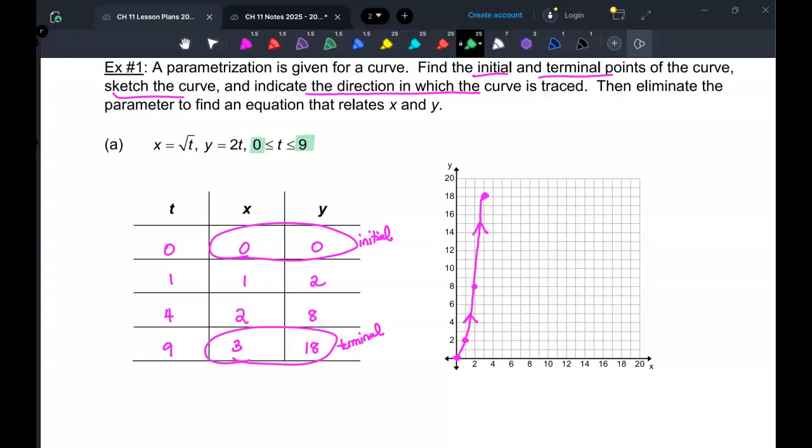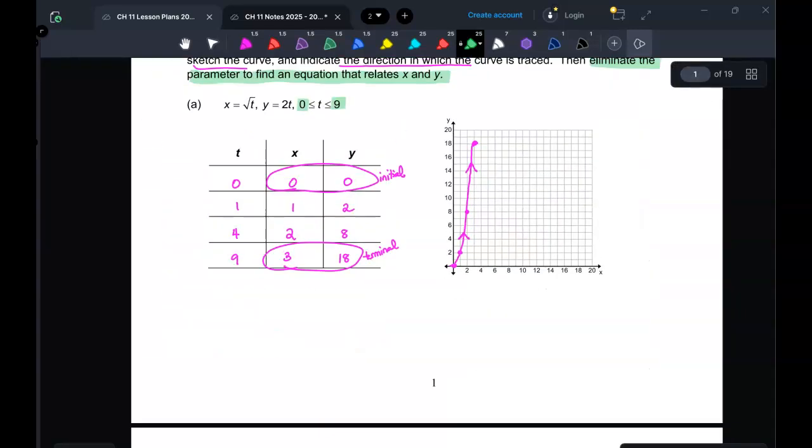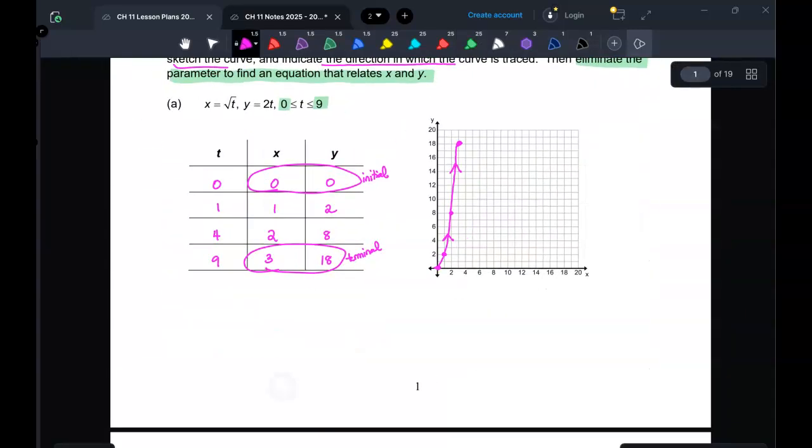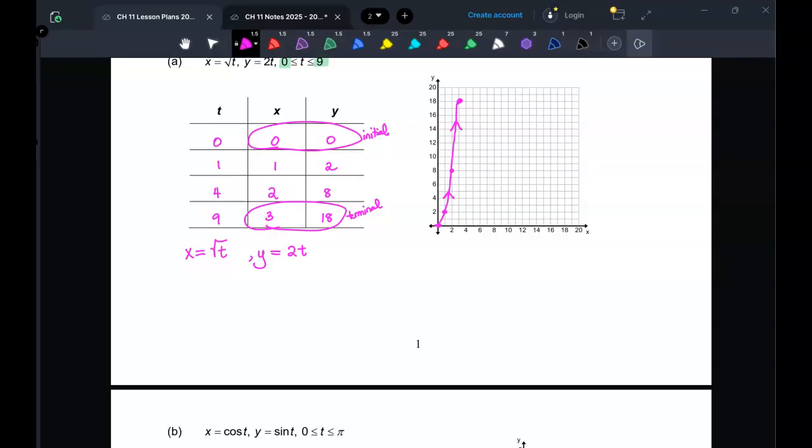Okay, the last part here, we want to eliminate the parameter to find an equation that relates x and y. So if I have x equals root t, and I know y equals 2t, we can take y equals 2t and isolate t, and then plug that in. So x equals root of y over 2.